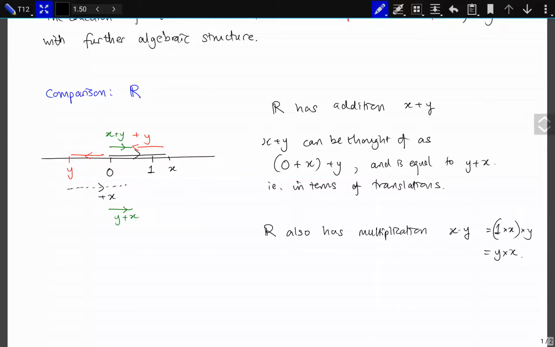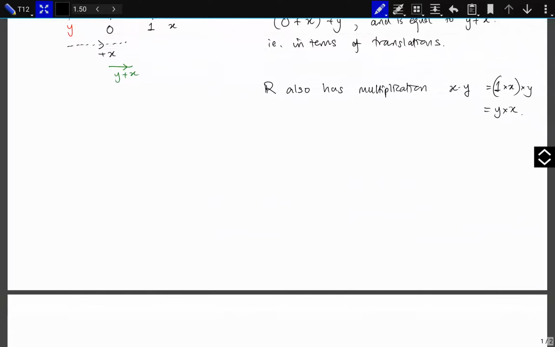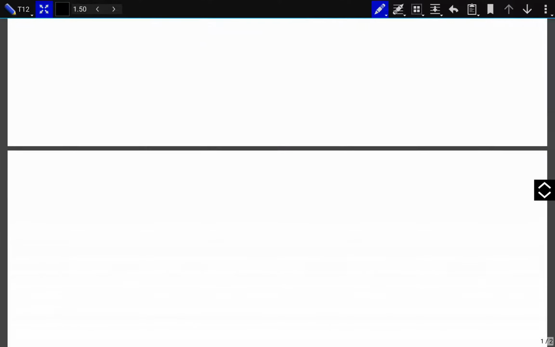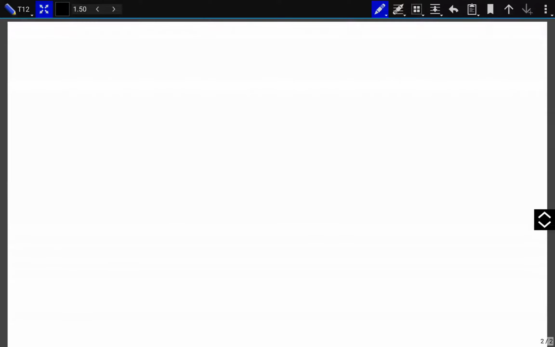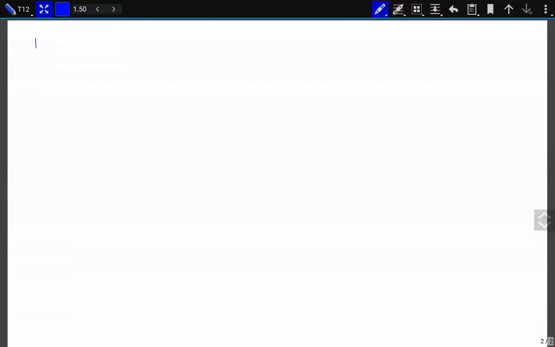And so, therefore, the algebraic structure for the complex numbers, let me start a new page. There's also addition, which is still translation, but now in 2 dimensions. And there is also multiplication as well.